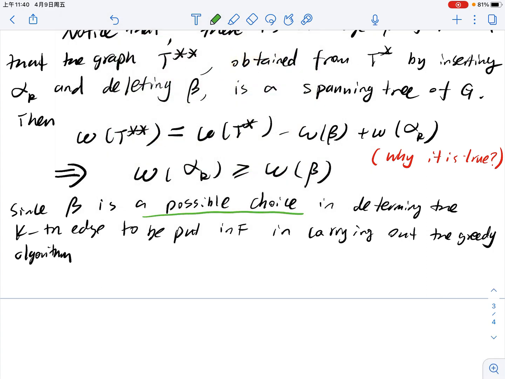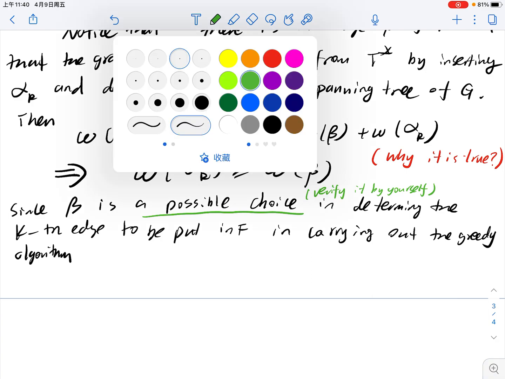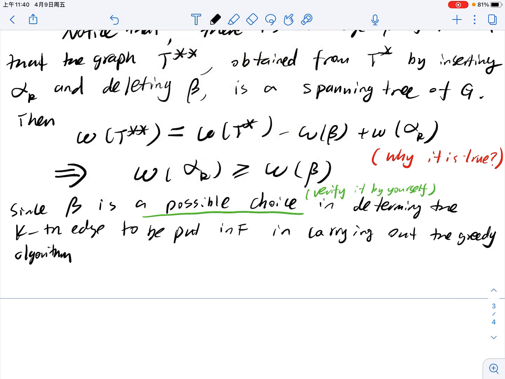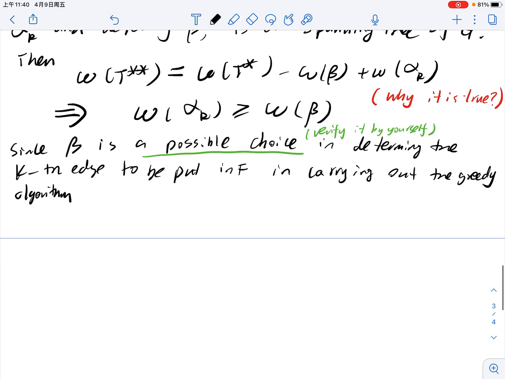So please verify this. It's not that hard, but it's also a non-trivial property, and we need to care about this.